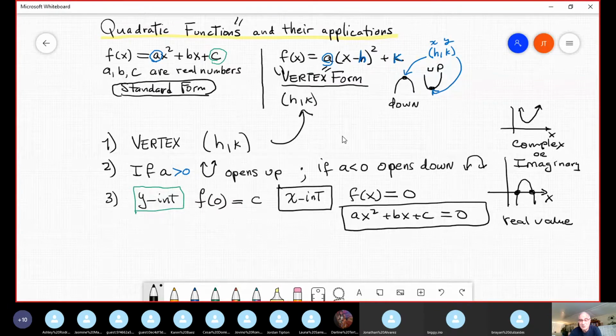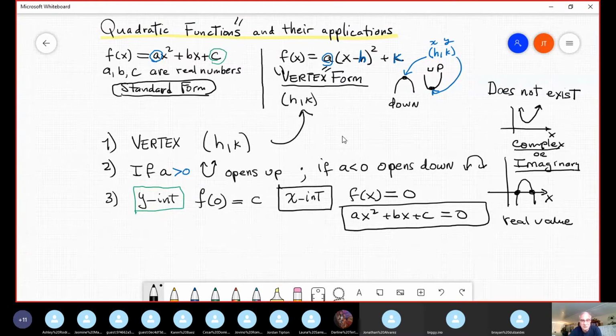Remember, I repeat this concept several times: when you're in algebra looking for something and you obtain a complex or imaginary result, that means it does not exist. This is classic in algebra.